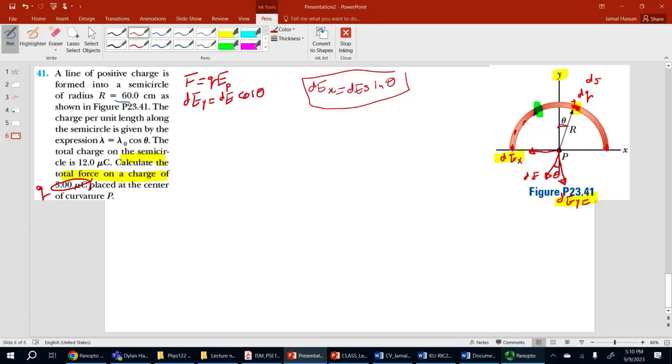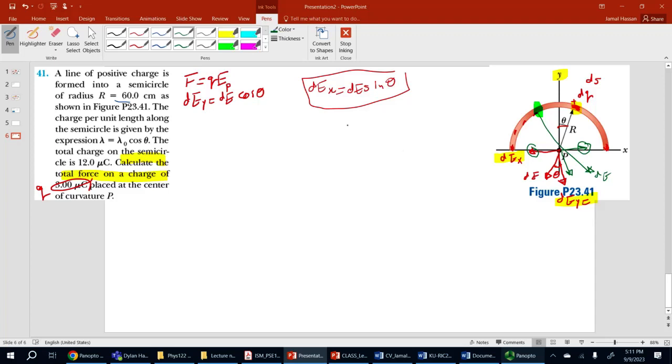The electric field from the left one also goes diagonally, with one component along the positive x-axis and one along the negative y-axis. So the positive x component will cancel with the negative x component.